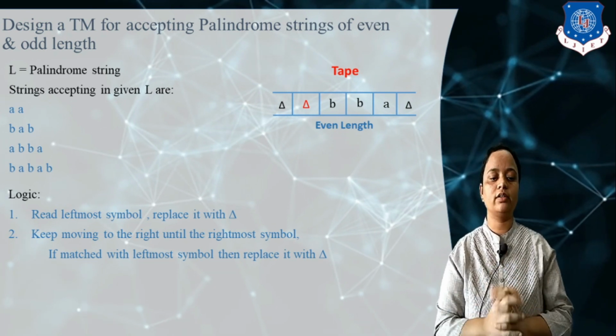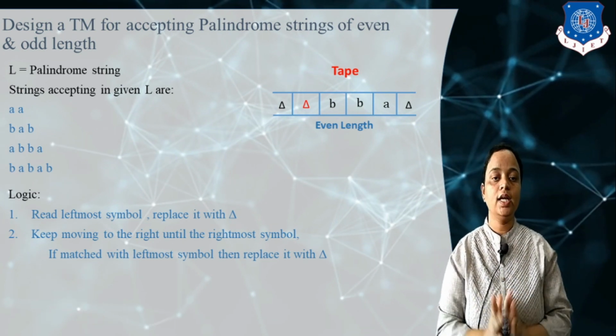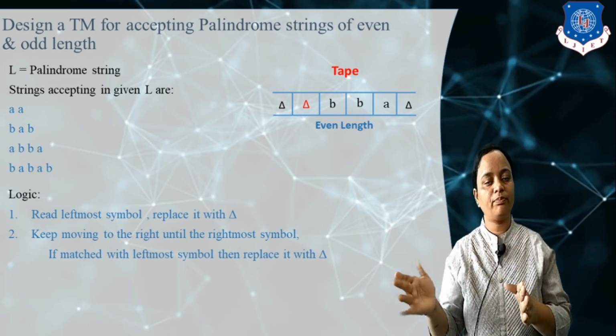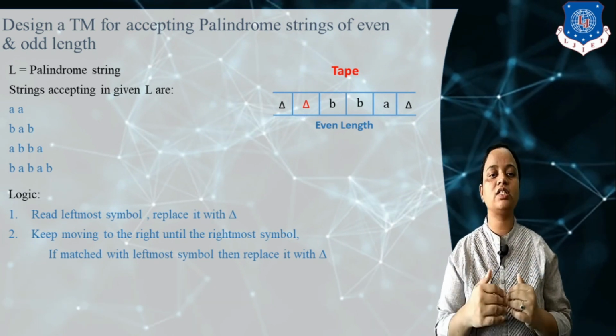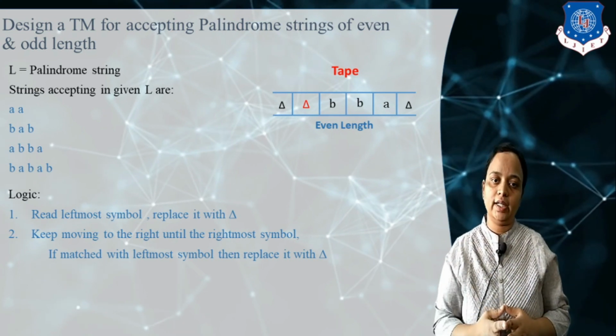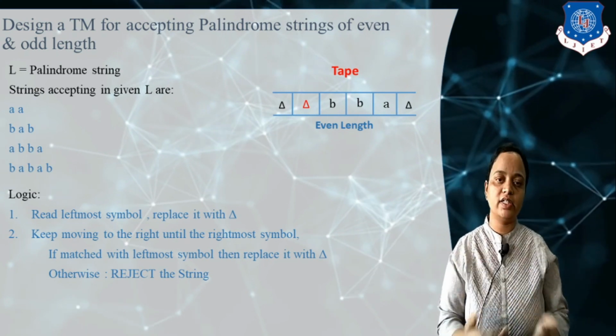Otherwise, we reject the string. So step number 2 says to keep moving the tape head to the rightmost symbol. If it matches the leftmost symbol, replace it with delta. If it is not matched, we reject the string.